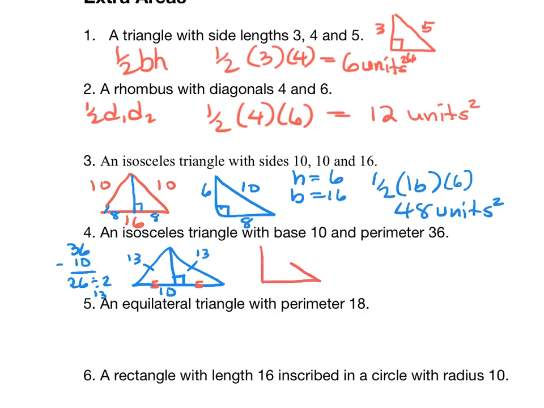So again, I've got another triple. So 5, 13, and then this one's going to be 12. Again, if you do not know your triples, you would have to do a squared plus b squared equals c squared. So now that I have the height, it's 12. My base was 10. 1/2 base times height, and I get 60 units squared.